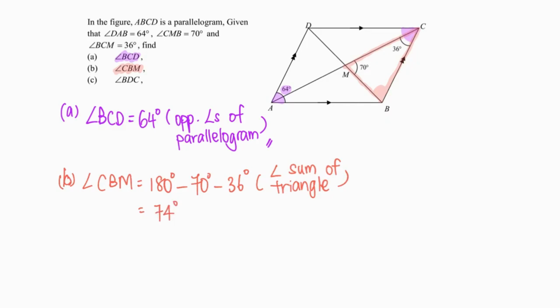And BDC, so now I know this is 74. Now I know the purple color is 64. And I will need to find this angle, BDC. So this one you just have to look at the whole big triangle.